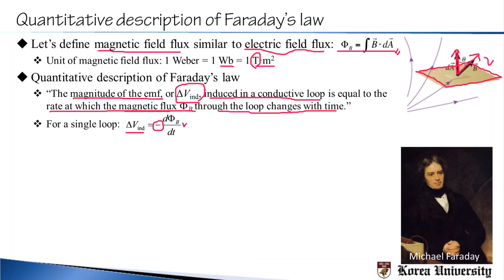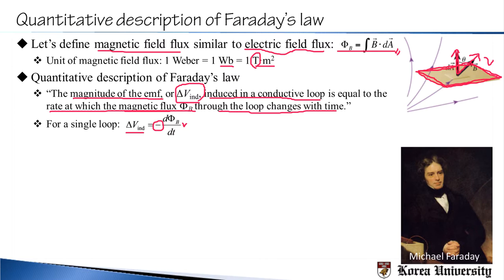And in fact, this area actually represents either a loop or a coil, as I said. And if it's a coil, then you can make many turns of the coil, right? If you have many turns, then each turn will contribute to this induced EMF, and these turns are connected in series.